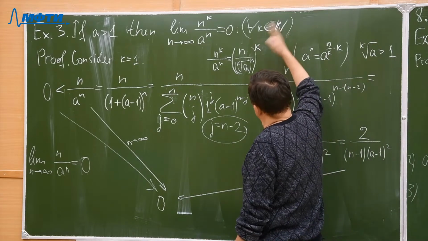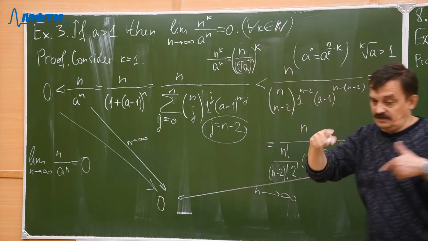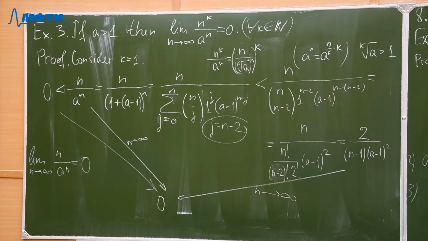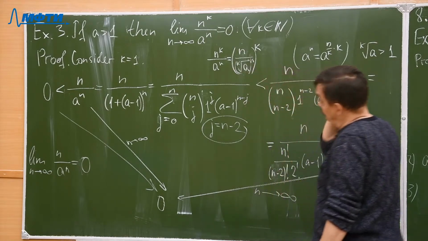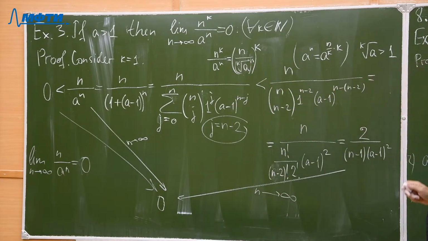K is a natural number, so we have k terms, and it gives the product of k zeros, so the example is proved. Okay, one more example.